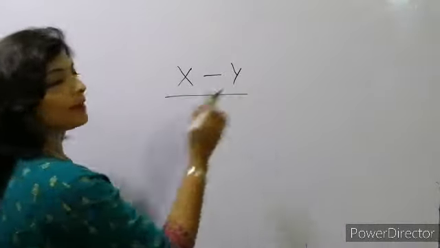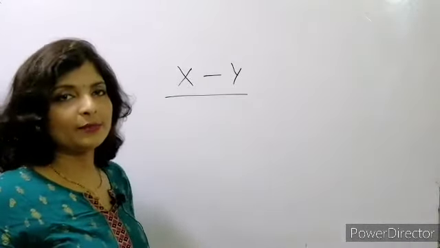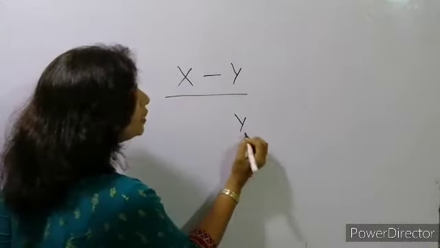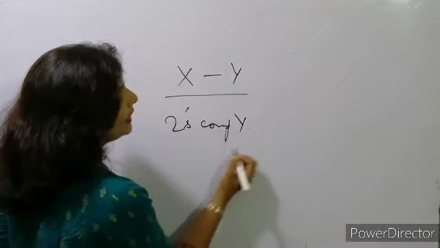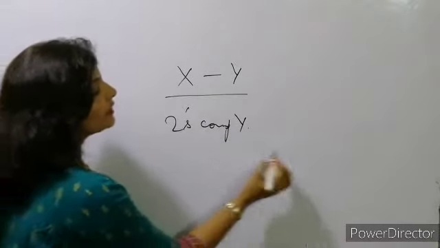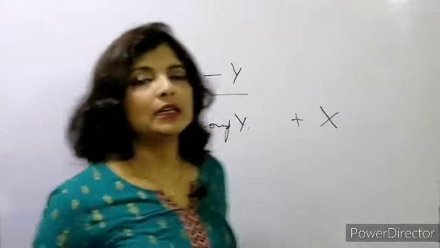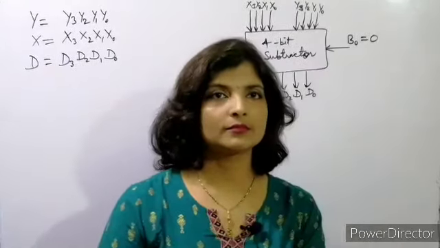So this is given. The second method is that we can find the 2's complement of y and add that with x. Then we'll get the subtracted value. So this is another method.